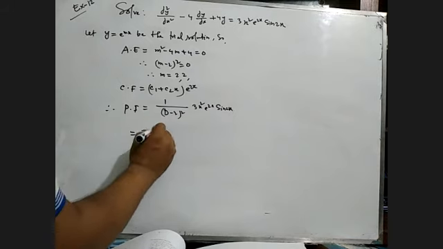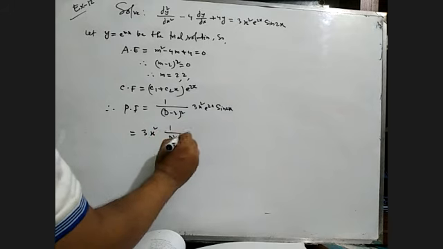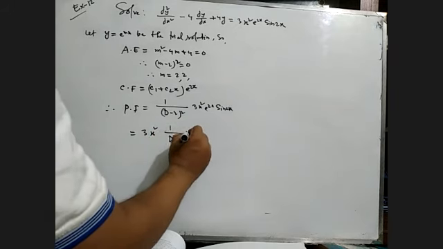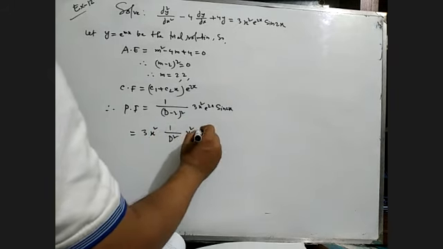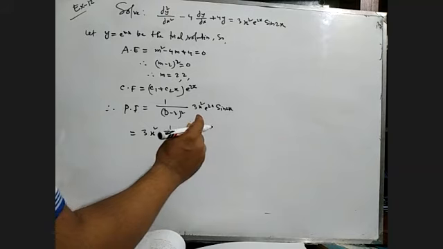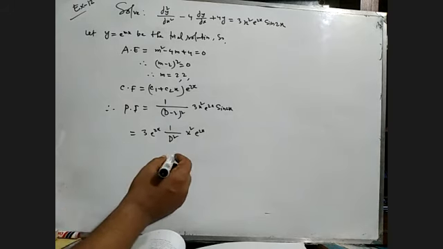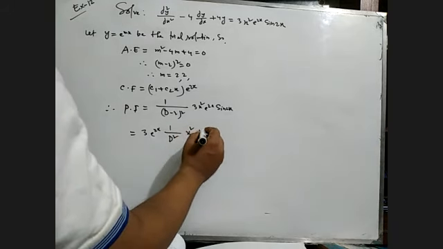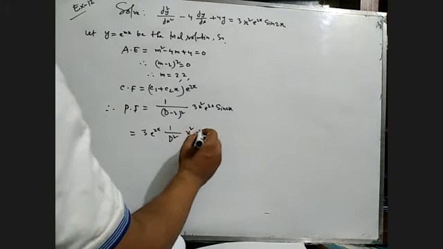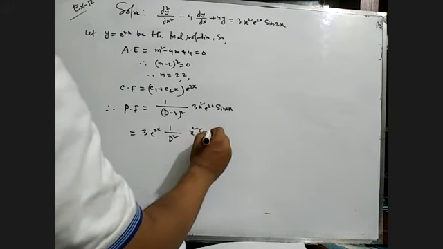3 into x square, 1 by D square, x square e to the power twice x, sorry, e to the power twice x, into 1 by D square x square sine twice x.